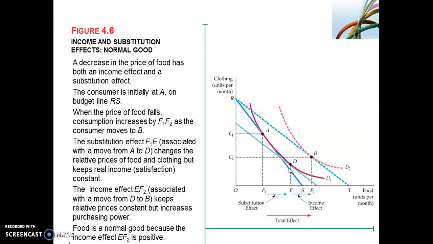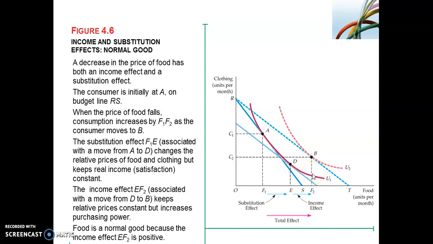Now remember, utility or satisfaction, according to the substitution effect, is to remain unchanged. So we can see that this consumer is still on U1. So this consumer is still on the same indifference curve.